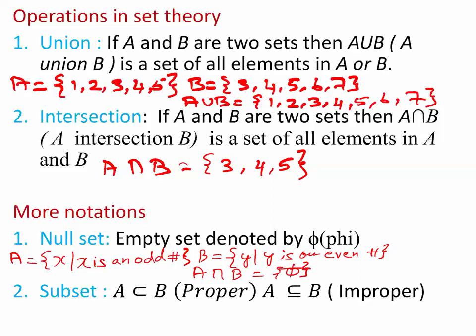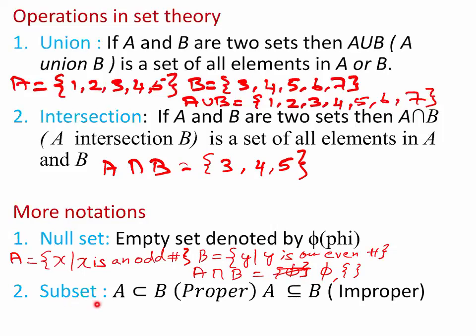Oh, I'm sorry, you're not supposed to write that. A is a null set. The mistake that I made here, writing the phi inside flower braces, means that you are listing the Greek letter. It doesn't mean the set is empty. Either you have to write empty braces or phi.